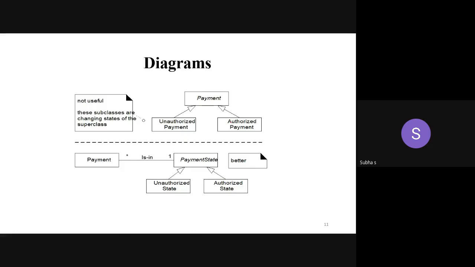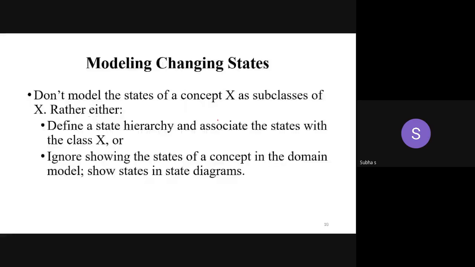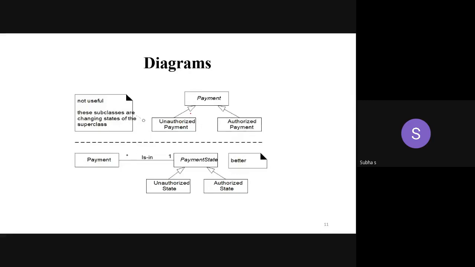We can't divide this class in the beginning itself. Yes, in the domain model itself, I can't use payment here and then make it authorized and unauthorized. It depends on the state. It depends on the changing state only. So now what do you have to do? It depends on the particular scenario.